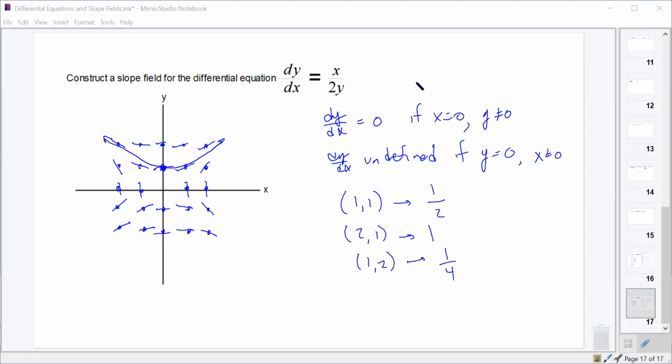Okay, cool. Now, important part of this is that I might ask you to sketch one that went through, let's say, I don't know, let's say this point right here. And so it should come down to being vertical and go up like this.